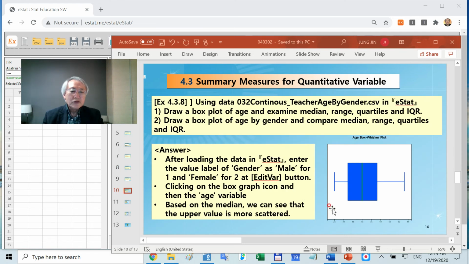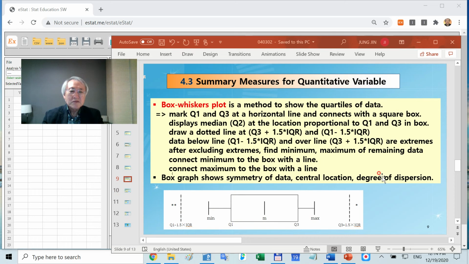In order to utilize these IQR things, we plot this kind of box plot. Here's the idea for plotting it. The full name is box and whisker, but we simply call it box plot. First, you calculate Q1 and Q3. After you calculate Q1 and Q3, just mark them here.